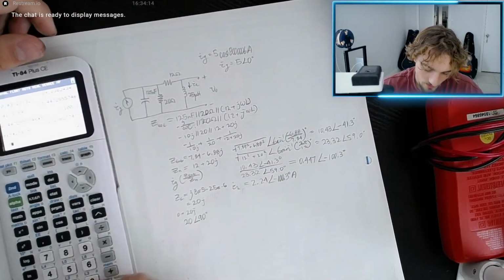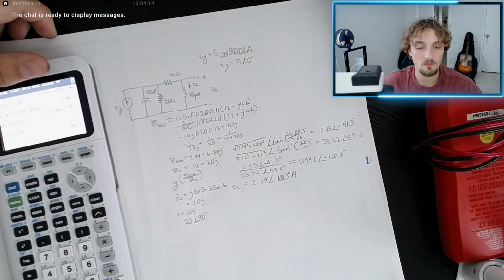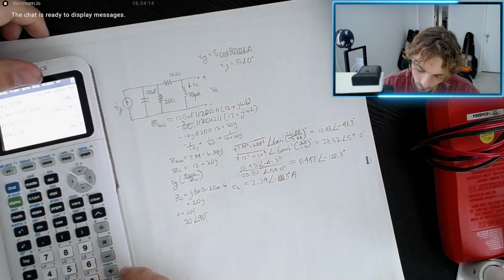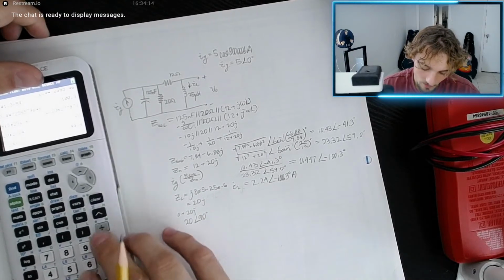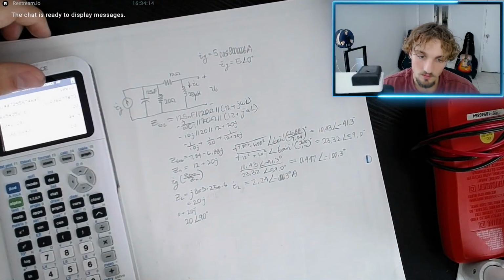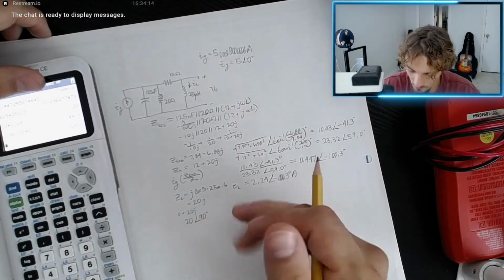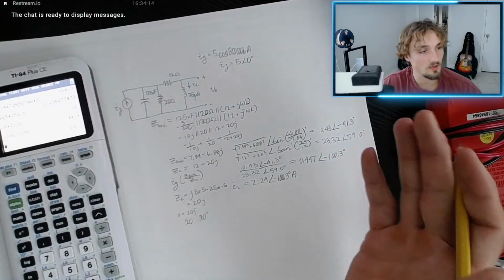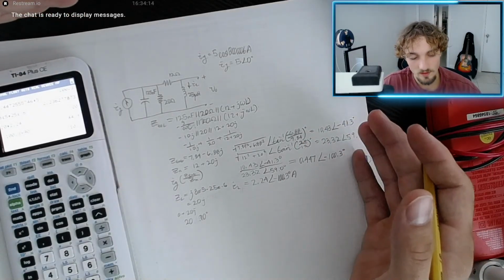So if I take 20 times 2.24, I get 44.8. And let's see what our negative 100.3 plus 90 is: negative 10.3. Yeah, that's totally it. Okay, so it is an addition of 90. I was considering the perspective of the current, and the current through an inductor lags, right?